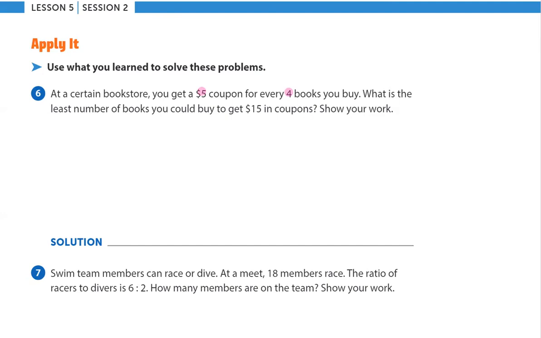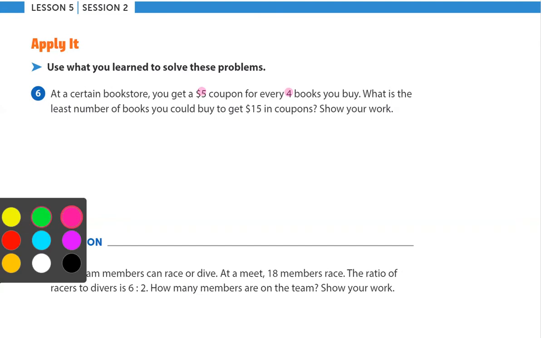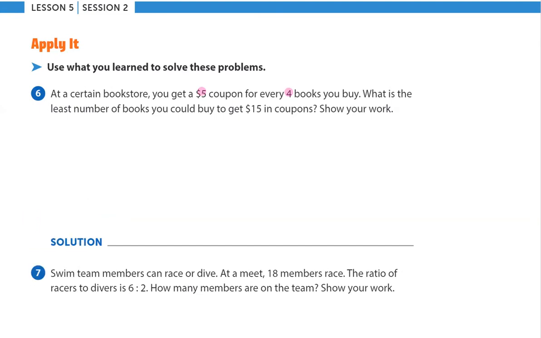Okay, well, we need to build a constant of proportionality here, and we know that the quantities that have a proportional relationship are these two quantities here. So we will write 4 books per $5 in coupons, because we want to know how many books per coupon. In the end, we want to know how many books per 15 coupons, $15 in coupons.